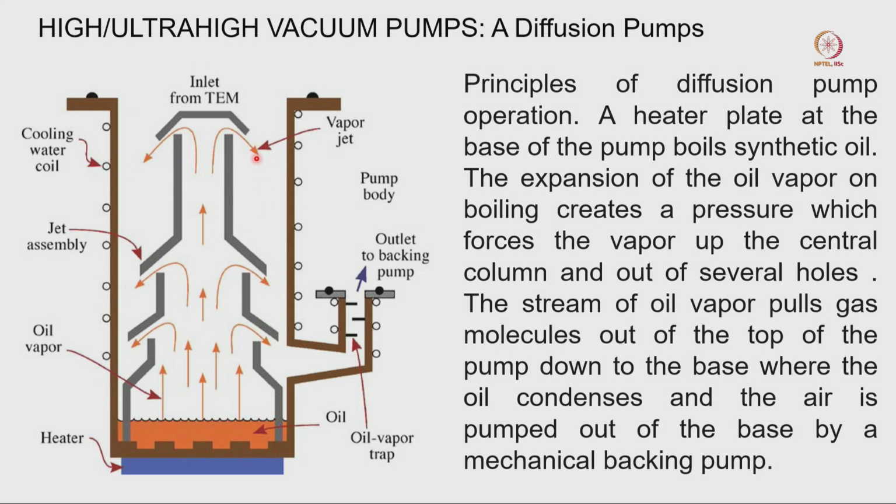Otherwise, this oil vapor which is trapped with some water molecule or some gas molecule can find another outlet through this one. It will just try to go out, and because of this water molecule, those things will condense here and go out through this chamber.